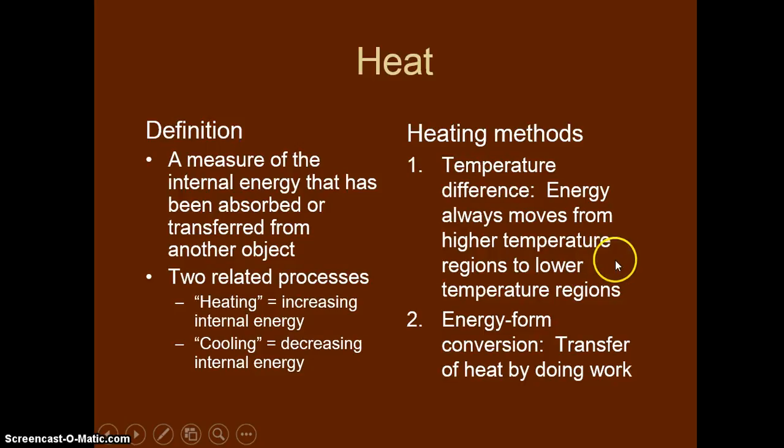That's just the way nature works. And a good analogy of this would be, for example, if you had a ramp and you put a ball on top of the ramp and you let the ball go, the ball always rolls downhill. And it's the same kind of thing, where heat would flow from higher temperature to lower temperature.